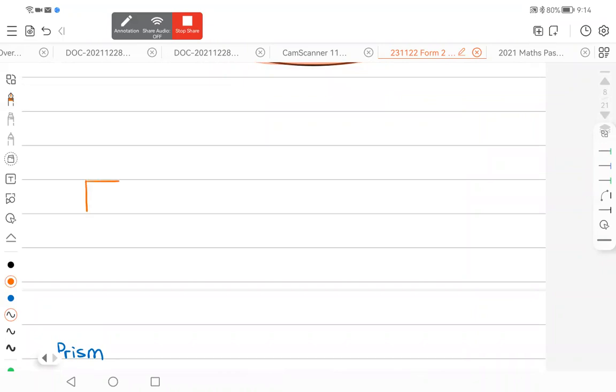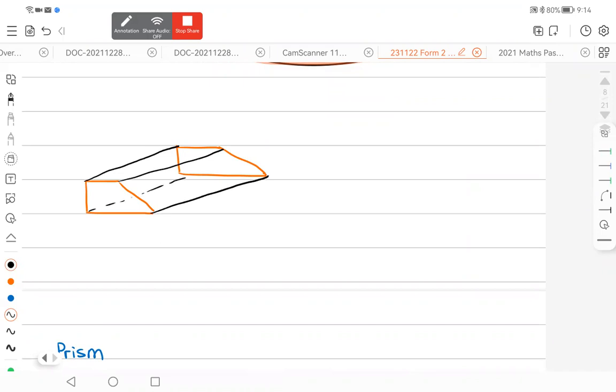So we draw out the trapezium first, one at the front, one at the back, right? And then we join each vertex to the other vertex. Then it forms a trapezium prism.